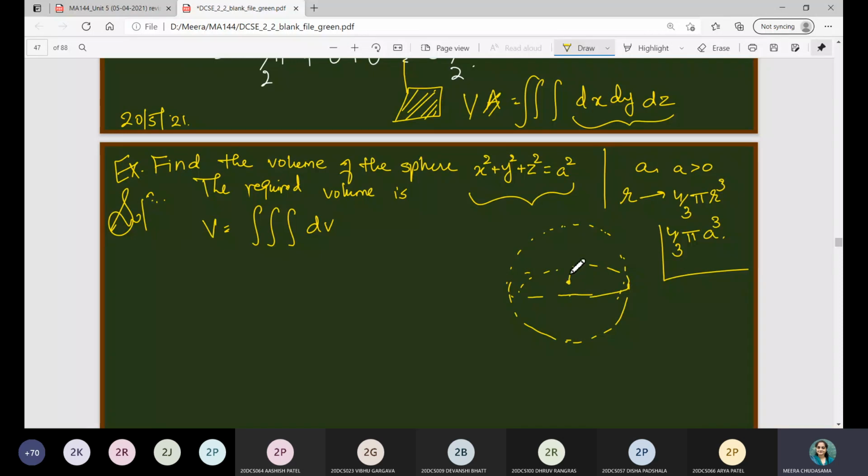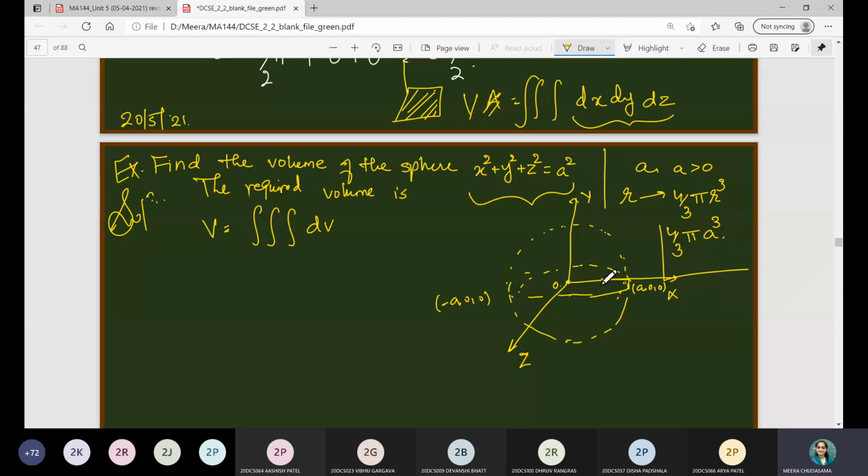The center is the origin and the radius is a, so this point will be a, 0, 0, and suppose this is the z direction, and this is the origin. If we talk about the entire limits, since we have considered this origin and this axis as the x-axis, the limits of x will vary from minus a to a.